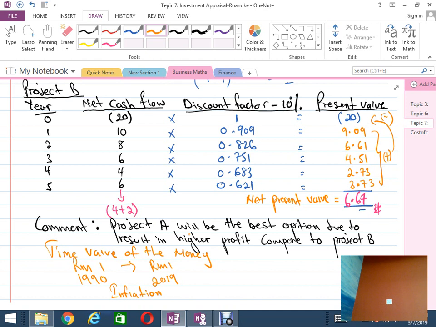So the first one, how much you get? Do you get 0.833?